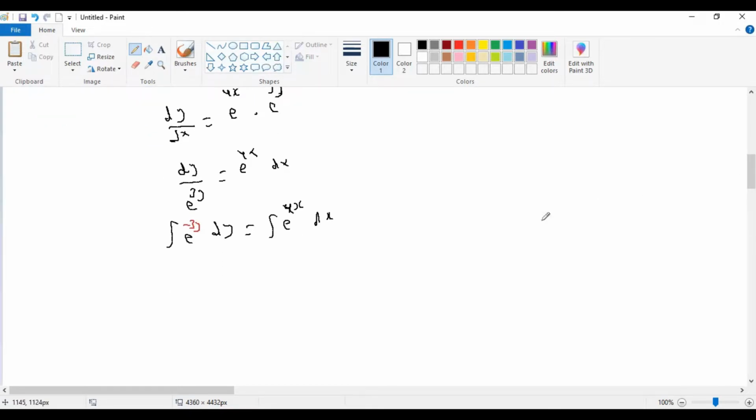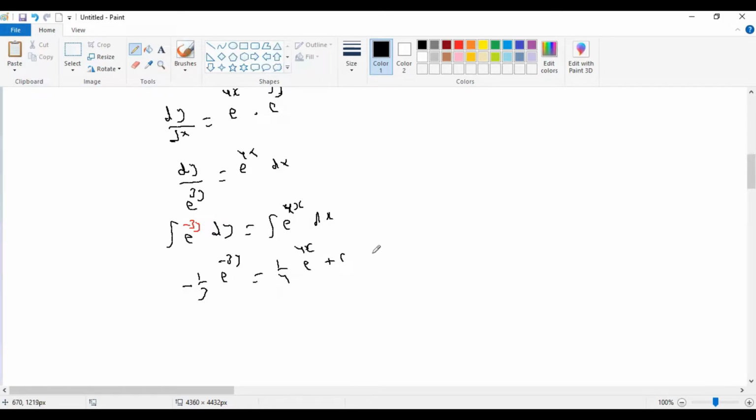So now the integral of the first one is of the form e to the u du, with derivative negative 3, so it will be minus 1 over 3 e to the negative 3y, equal to this one, whose derivative of 4x is 4, so it's divided by 4, so it will be 1 over 4 e to the 4x plus c.